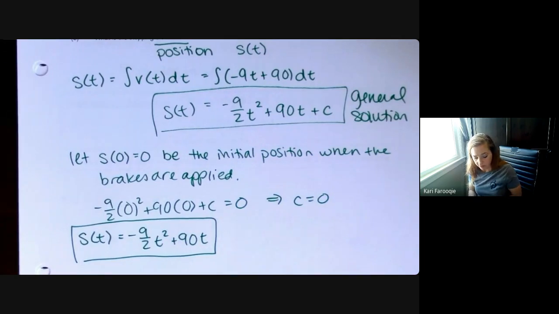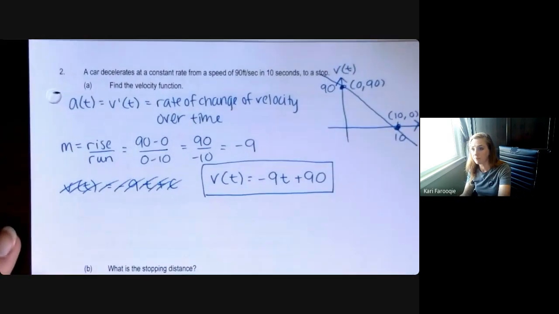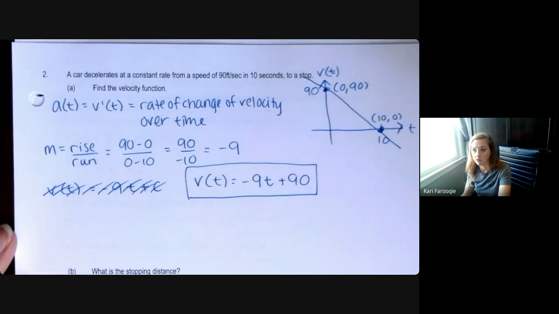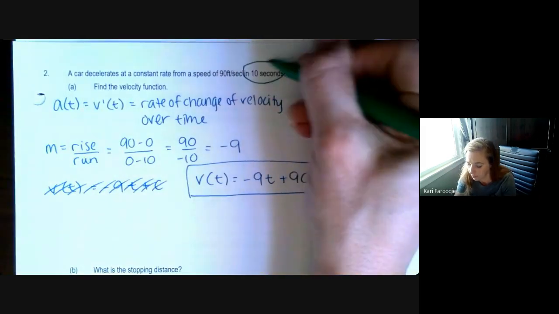And then what we need to figure out at that point is your stopping distance. So going back to the original problem, the car decelerates at a constant rate of speed, and it takes 10 seconds for it to come to a stop.